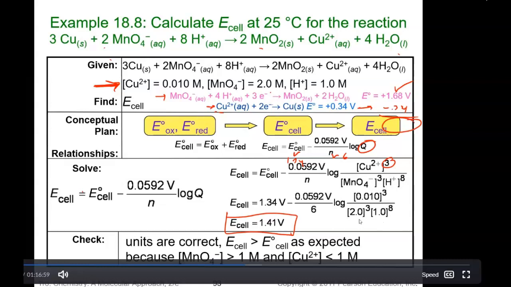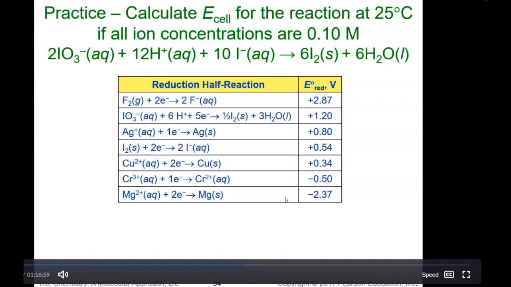Okay, here's the next one. Double checked, this one is balanced.